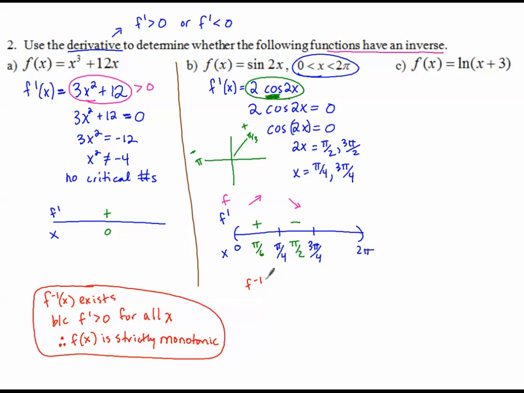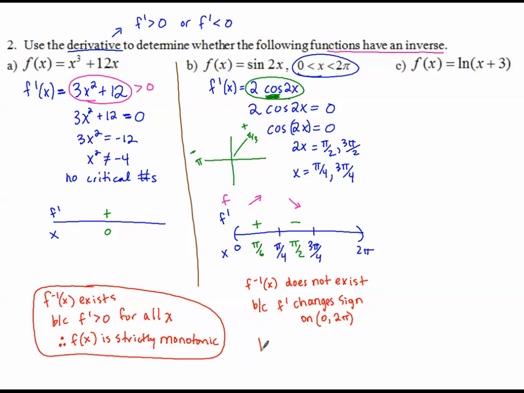So we have to say f inverse does not exist because f prime changes sign on the given interval. We can't just say it changes sign because of course it's going to, but on the given interval, it definitely is.